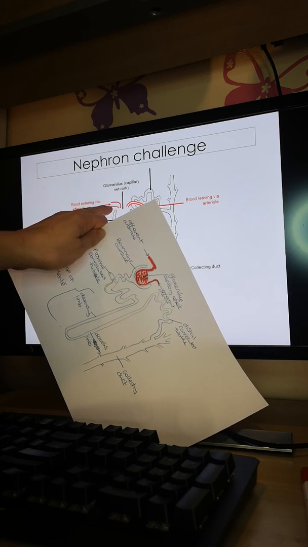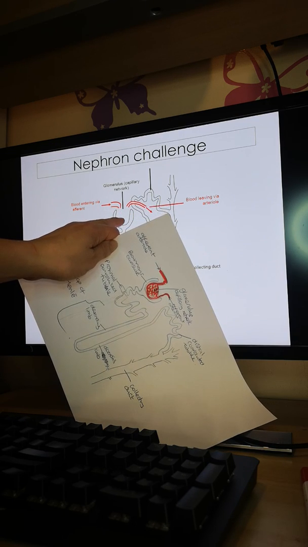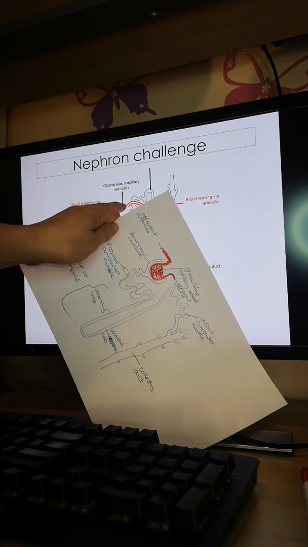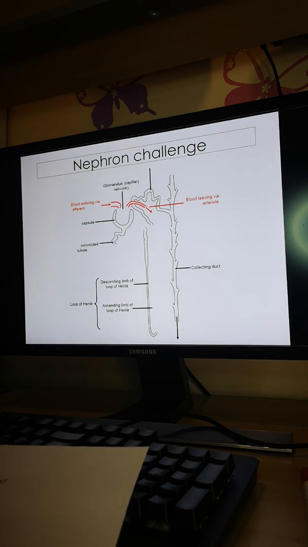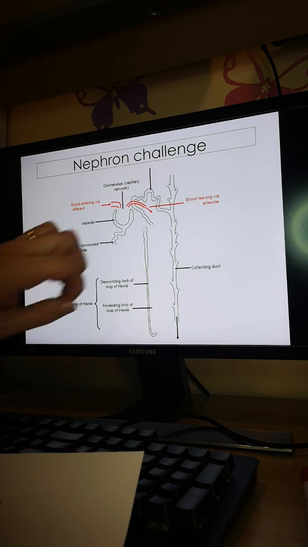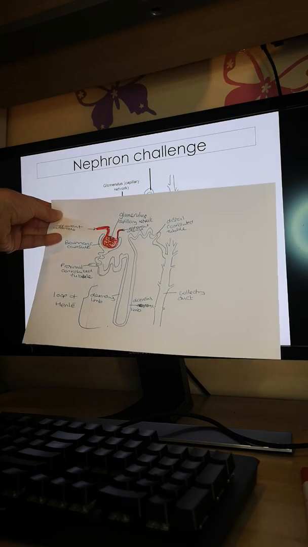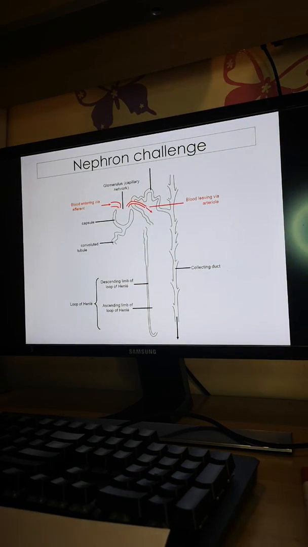You can see that the blood vessel supplying this capillary network is a wider blood vessel than the one that's leaving, which is a narrower lumen. That's a really important feature. Make sure your diagram reflects that. I've tried to.